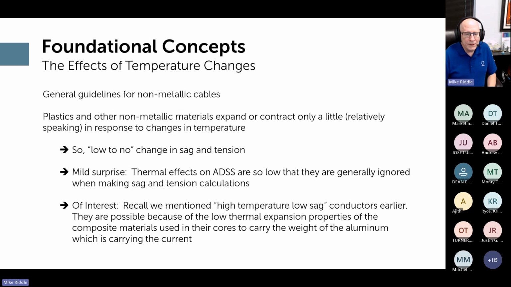And we did mention high temperature, low sag conductors earlier. These are possible because of the low thermal expansion properties of the composite materials that are used in their cores to carry the weight of the aluminum, which is carrying the current on them.